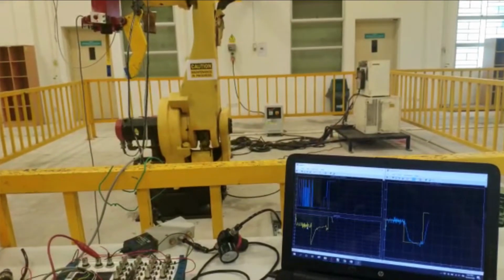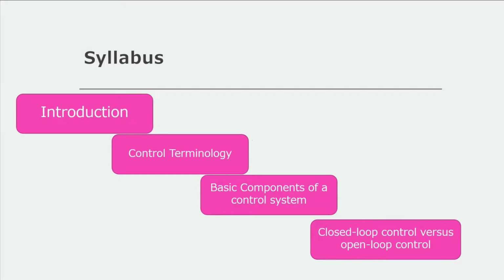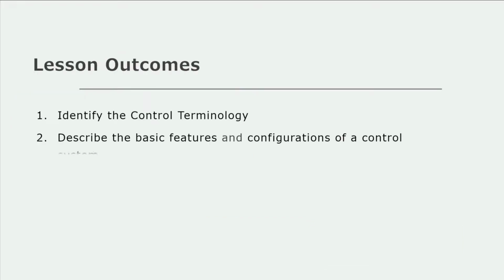Also the basic components of control systems, and lastly the types of control systems. So we have closed loop and open loop types of control systems. Very basic part in the control systems.